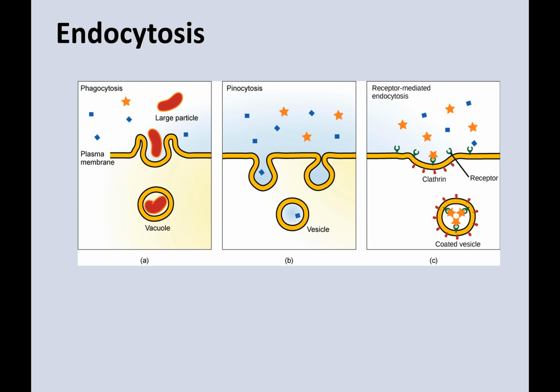All right, so we've talked about exocytosis, releasing things. Now let's talk about endocytosis. So this is where we're bringing things into the cell. Okay. And we have a couple different types.